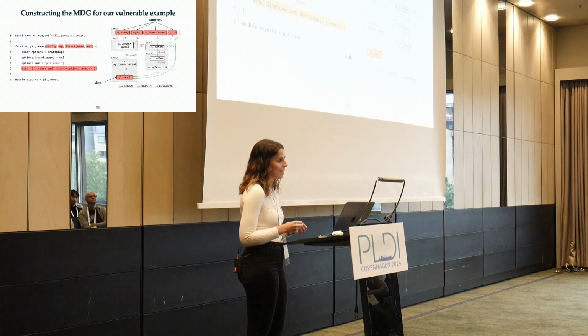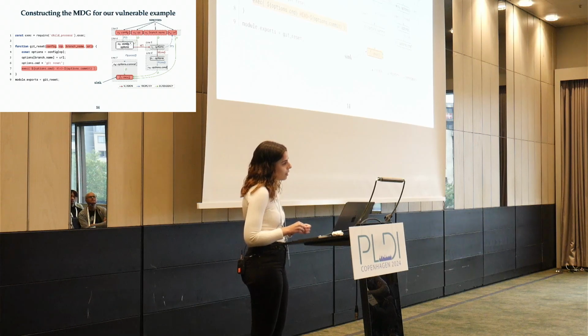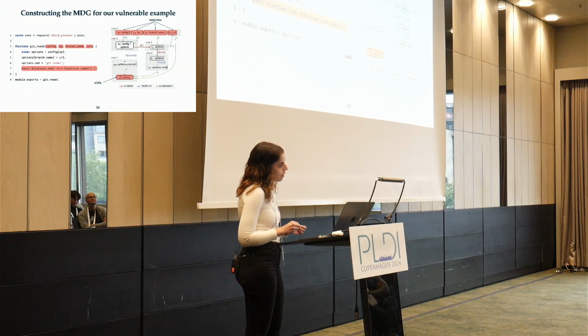Thank you for the nice talk. I'm a little curious about what's your threat model when you collect the data set on the real-world NPM packages, and what's the entry point you want to use to start this analysis, like path traversal.